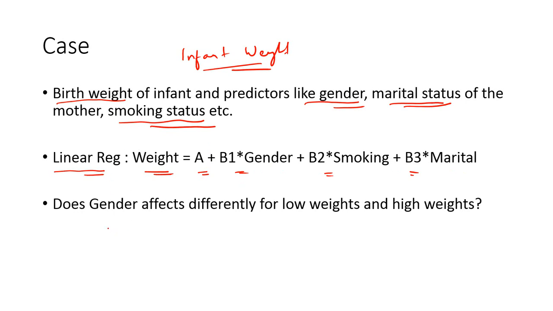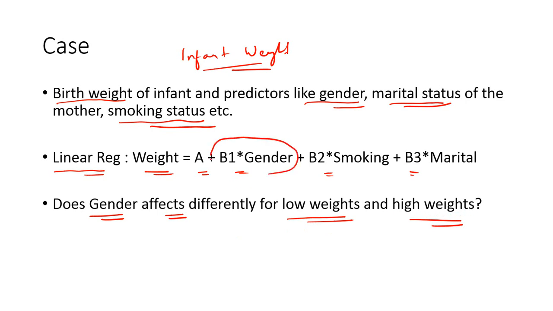What if we ask this question: does gender affect low weights and high weights differently? That means for the lower percentile in the population and the higher percentile of the population, how does gender affect?